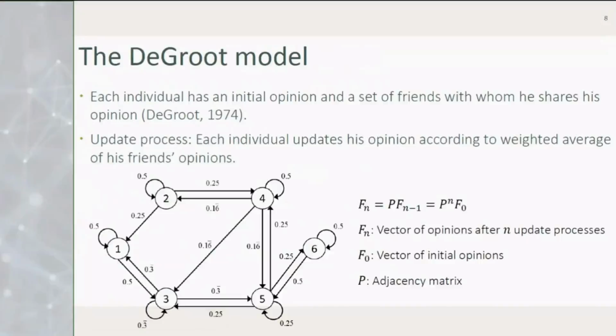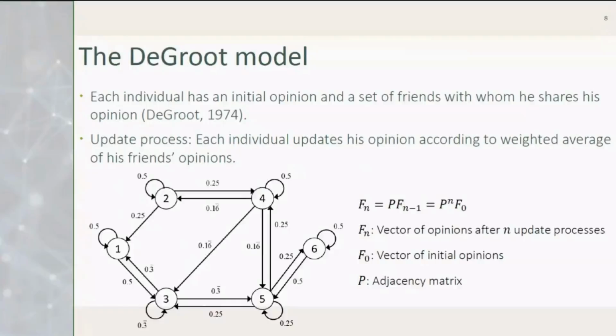Its core idea is that each individual has an initial opinion and a set of friends, and he shares his opinions with his friends. So as a result, everyone exchanges their opinion with each other, and then they update their minds, their beliefs. DeGroot modeled this procedure using a weighted average process.